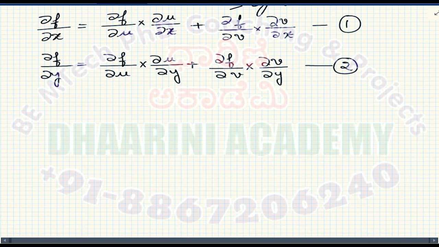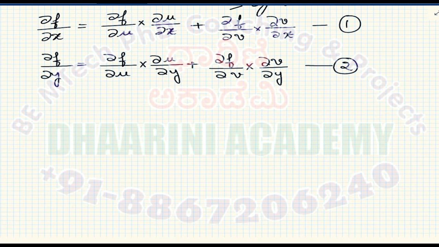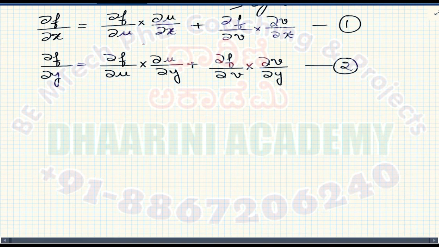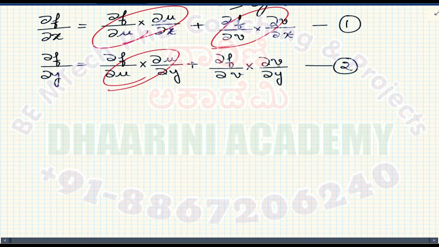Similarly, dou f by dou y says how much the original function f varies with respect to y. But since our intention is to represent the same function with respect to u and v, I introduce the terms u and v here, and this can be done easily, and it is valid because it obeys the rules of partial differentiation.